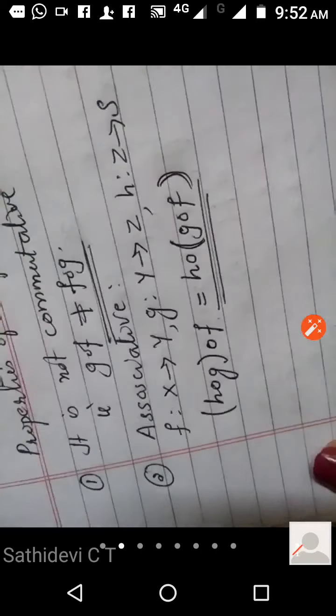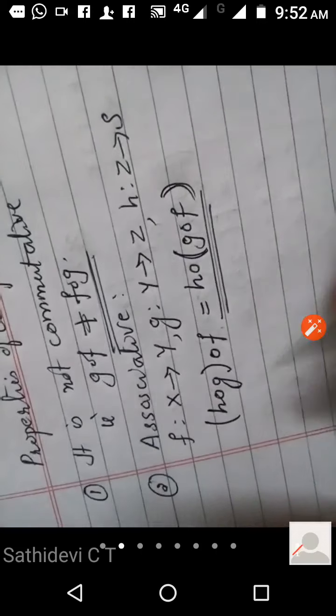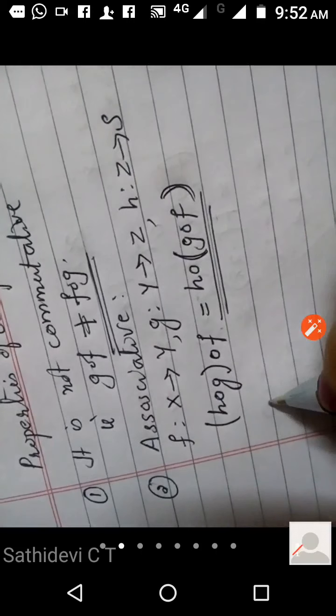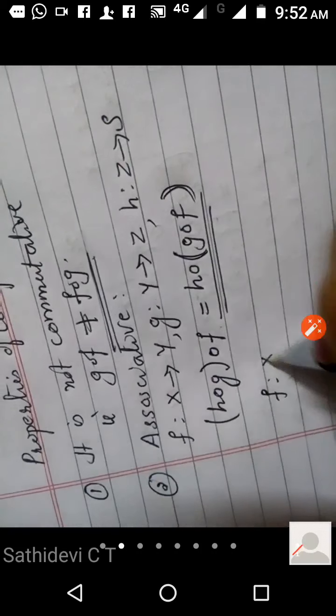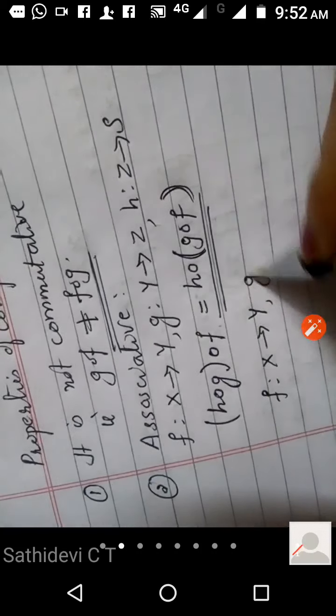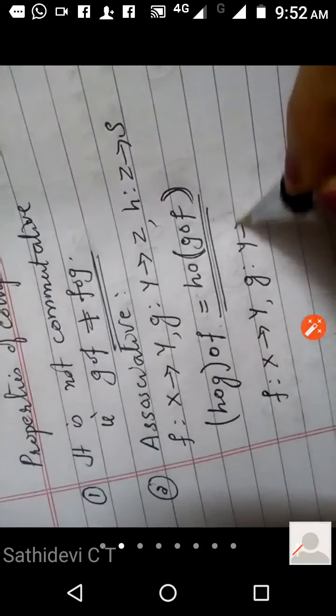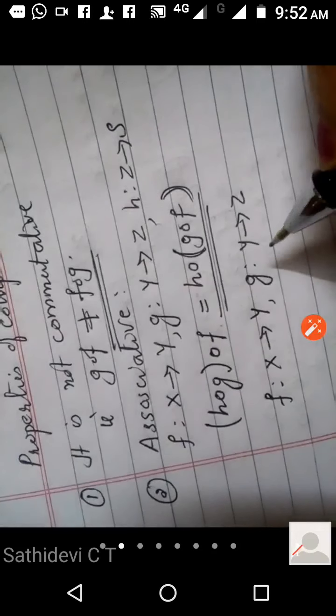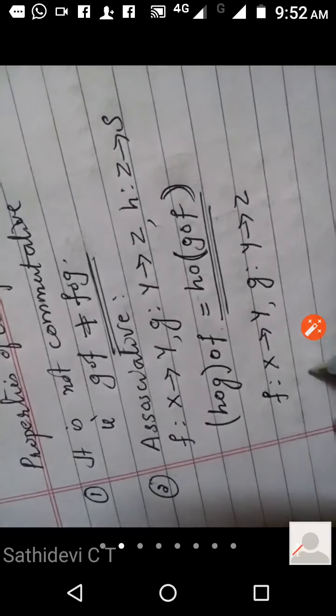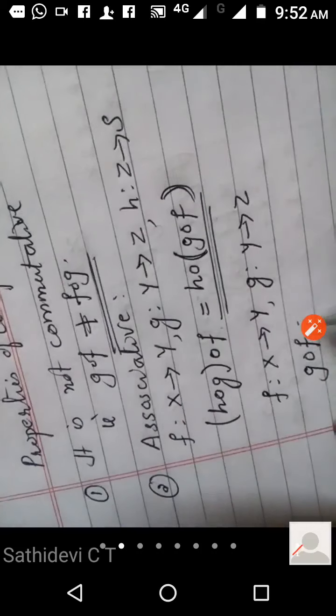First of all you see, F is a function from X to Y, G is a function from Y to Z. So what can you say about G composite F?